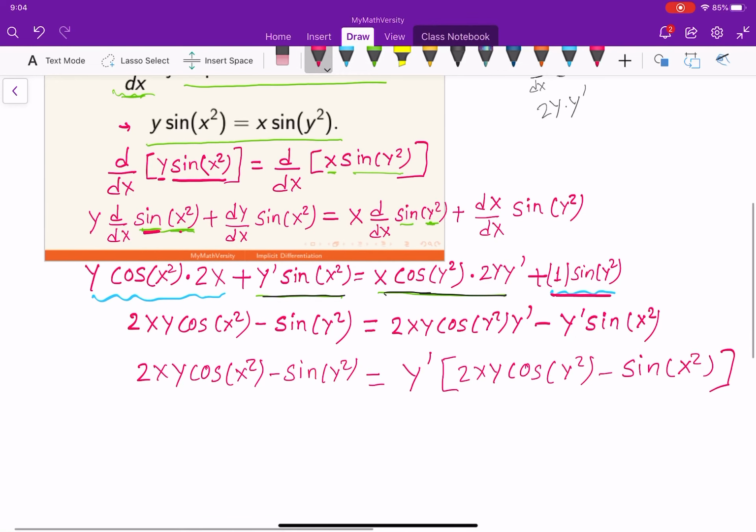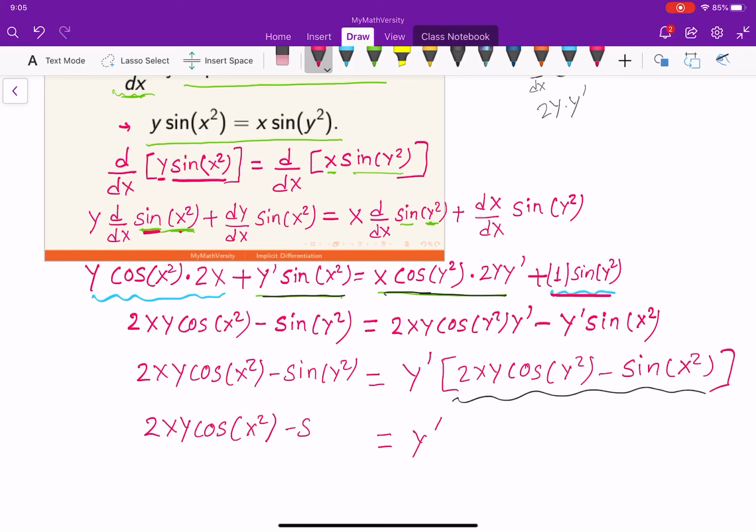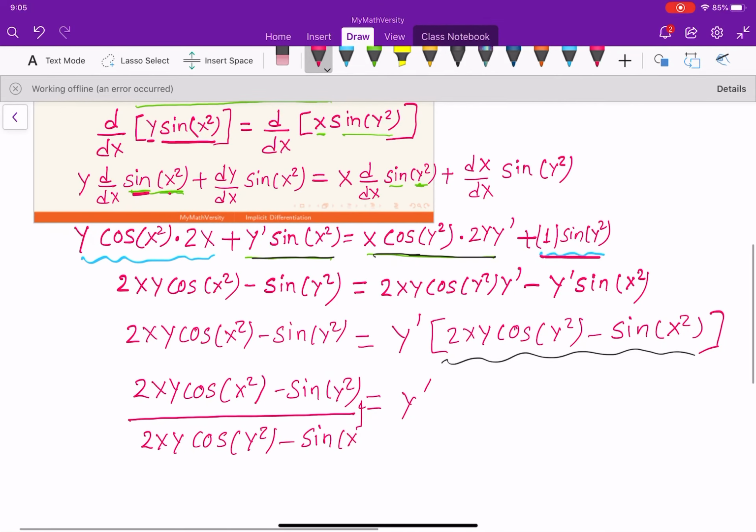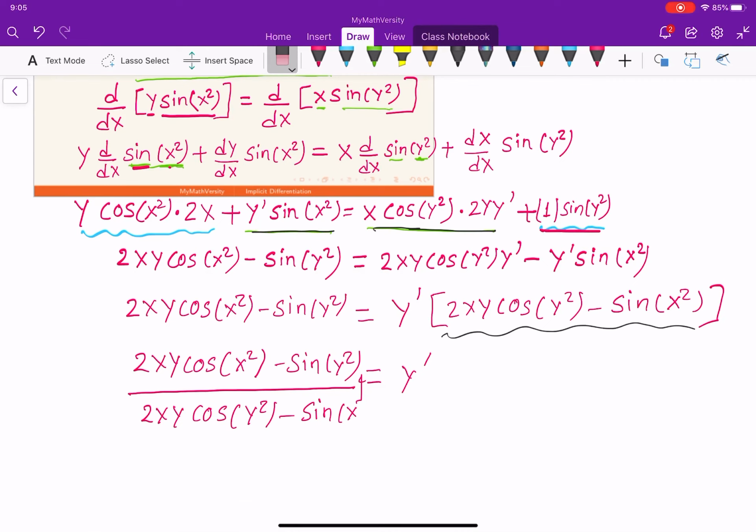To solve for y prime, we just need to divide both sides by this expression over here. In that way we will be isolating y prime. So we have 2xy times cosine of x square minus sine of y square on the left hand side, and everything underneath that will be 2xy times cosine y square minus sine of x square. That's how we can isolate y prime and get our required derivative.